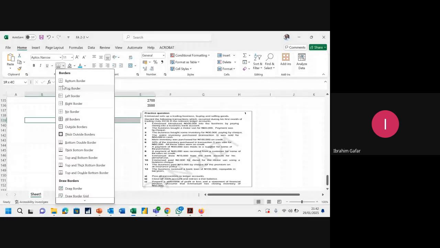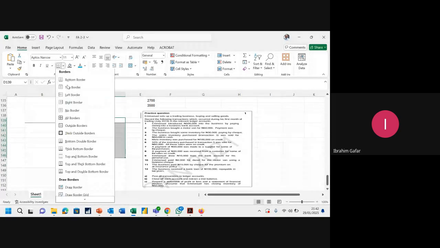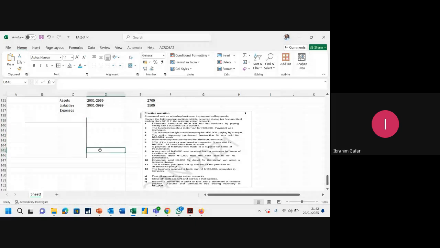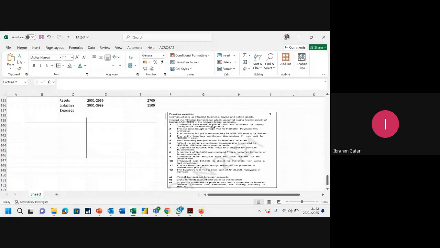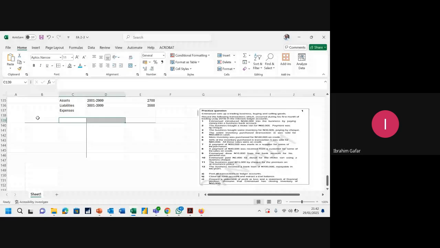So I can divide this into two. So I have debits and I have credits.